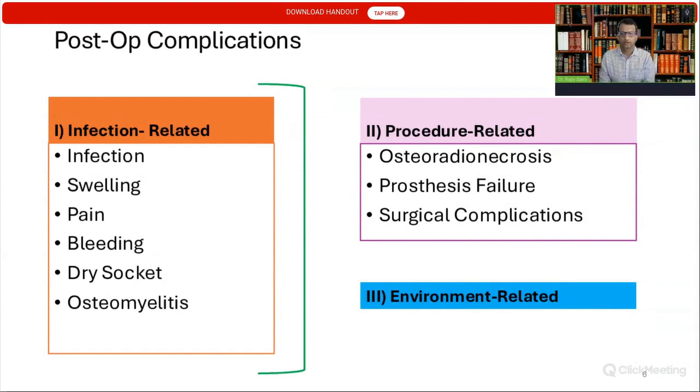This category includes factors like operatory hygiene, air quality, and aerosol management. Poor operatory hygiene or inadequate air quality also play a big role in creating post-operative complications. However, in this presentation, we are entirely focused on infection-related complications in clinical dentistry.